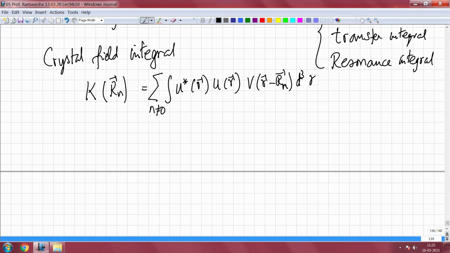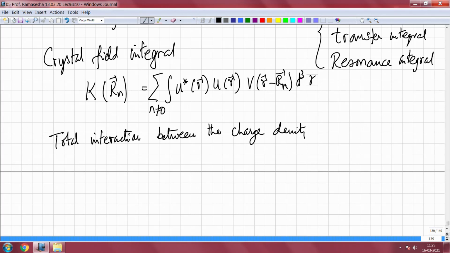So the crystal field integral is the total interaction between the charge density at the origin and the potential at all other sites. It is convenient to describe it as a summation of the potential over the rest of the lattice.